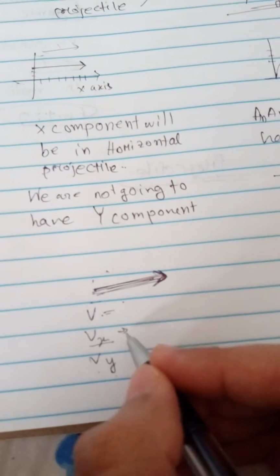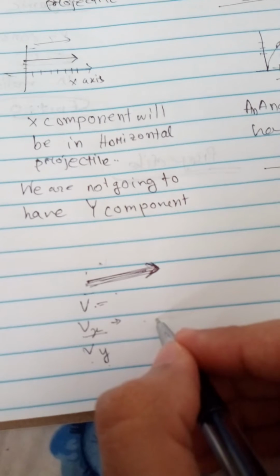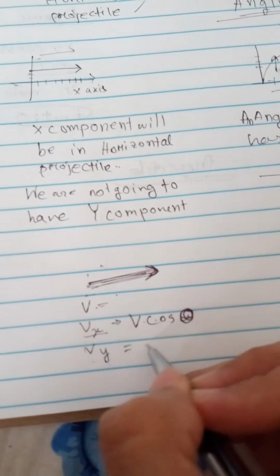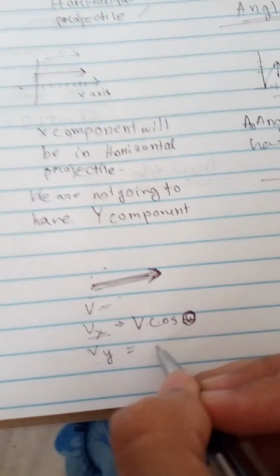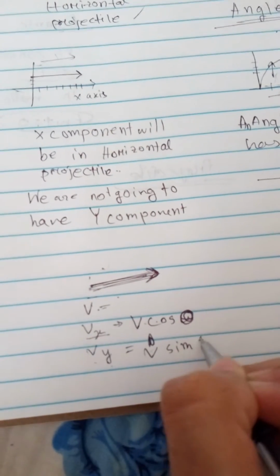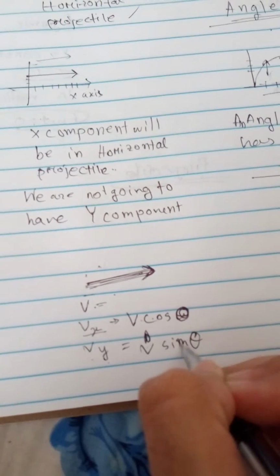For vx, the x component is v cos theta and the y component is v sin theta. Now we will talk more clearly about this.